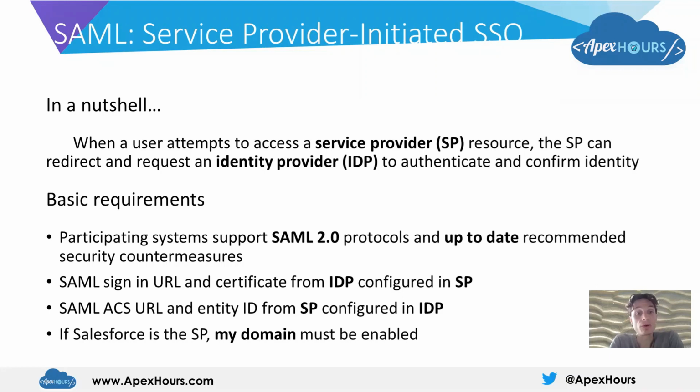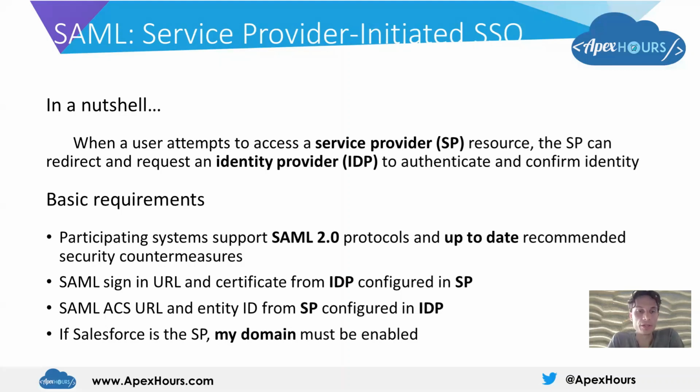In terms of basic requirements, all of the participating systems need to support the SAML protocol. SAML 2.0 is the latest version of the specification. It's also recommended that all the up-to-date recommended security countermeasures are taken into consideration, and there are mechanisms to support against those. So we'll look at a couple of those in a moment.